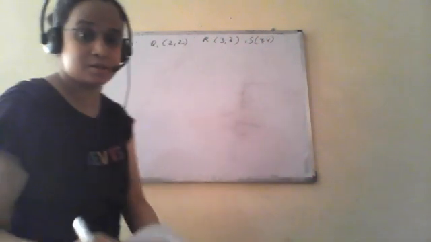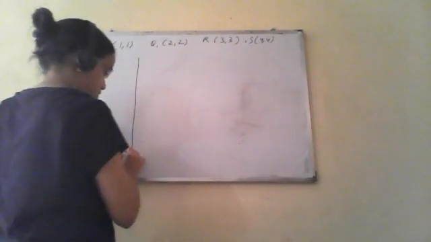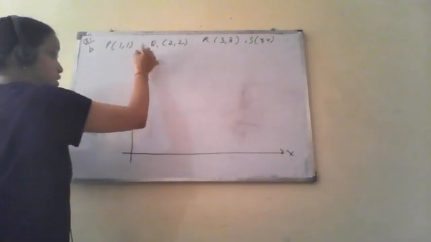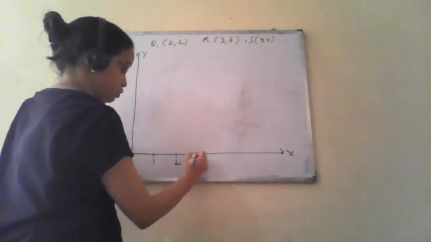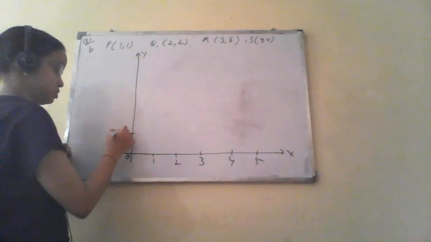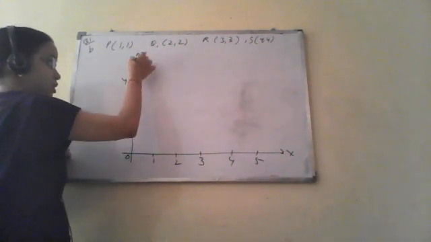So we have to plot these. Here we have the x-axis, this is the y-axis, this is the origin or 0, this is 1, 2, 3, 4, 5. This is 1, this is 2, 3, 4 and 5.